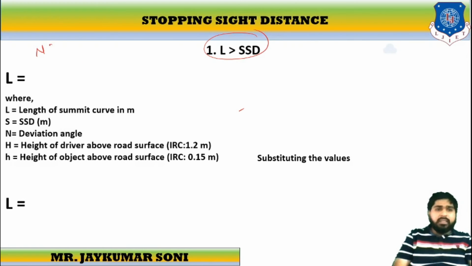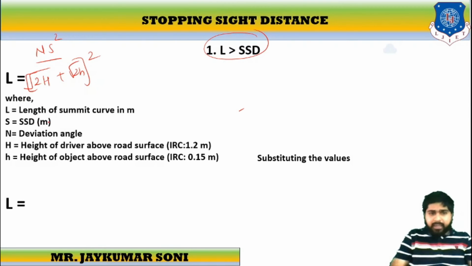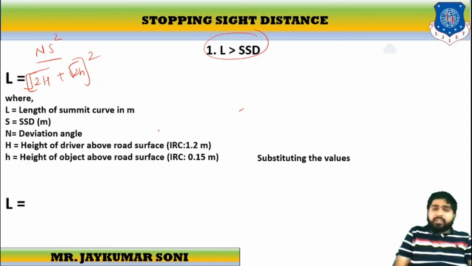The equation for this is L = N S square by (square root of 2H plus square root of small 2h) whole square. Here, L stands for length of summit curve, S stands for SSD in meters, capital H stands for 1.2 meters, that is the height of driver above the road surface.